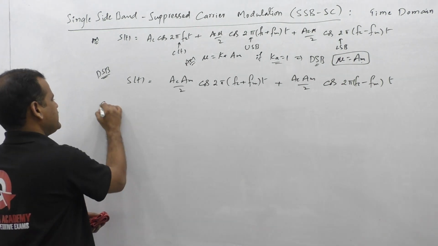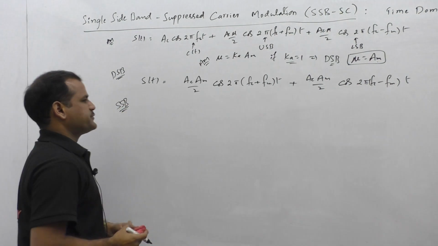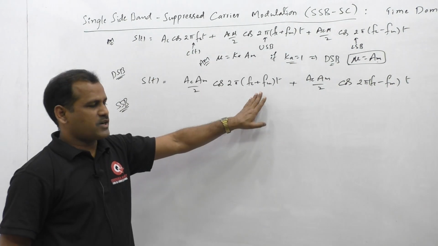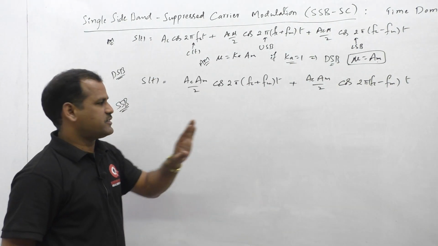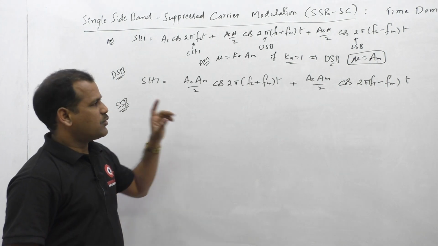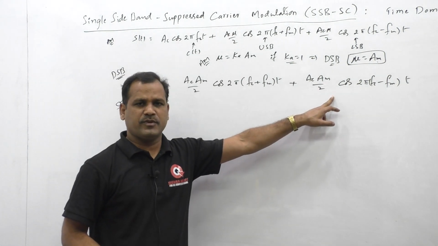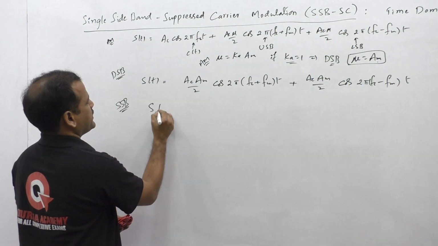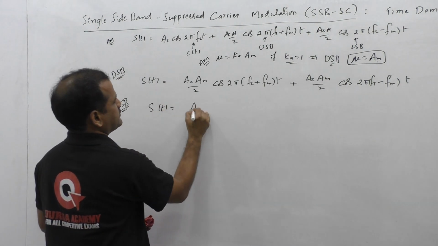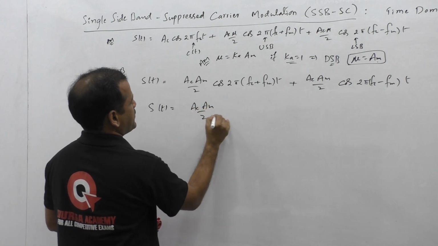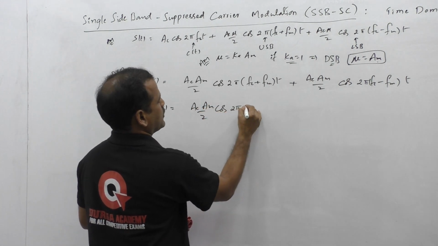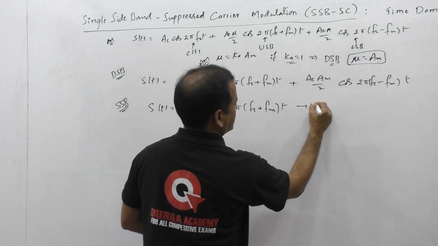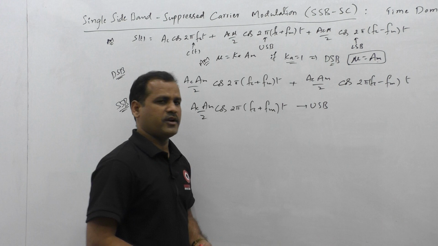Similarly, for the SSB signal, single sideband suppressed carrier, the carrier term along with one of the sidebands should be suppressed in SSB modulation, meaning only one term is present. So the SSB signal s(t) is Ac Am by 2 cos 2 pi (fc plus fm) t if you consider upper sideband SSB modulation.